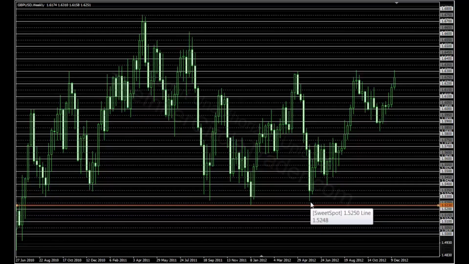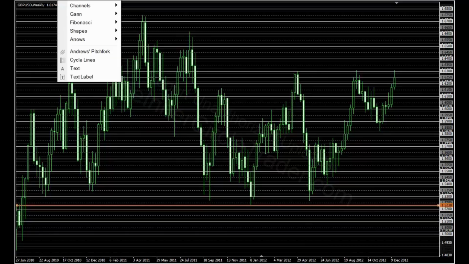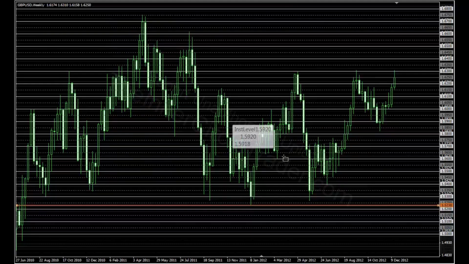Okay, but we've identified this little area in here, and what I'm going to do is highlight it, and we're going to use the 53 and the 52.50 level.